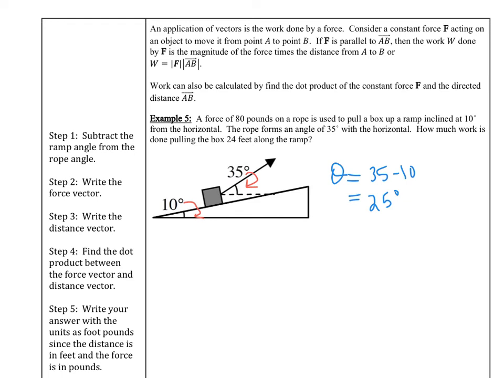Now the second step is we're going to find our force vector, and we did this in 10A. We're going to take our 80 pounds of force and find the vector components. We multiply 80 times the cosine of our angle, which gives us the x-coordinate of our vector. Then we multiply 80 times the sine of our angle, and that gets us the y-coordinate.